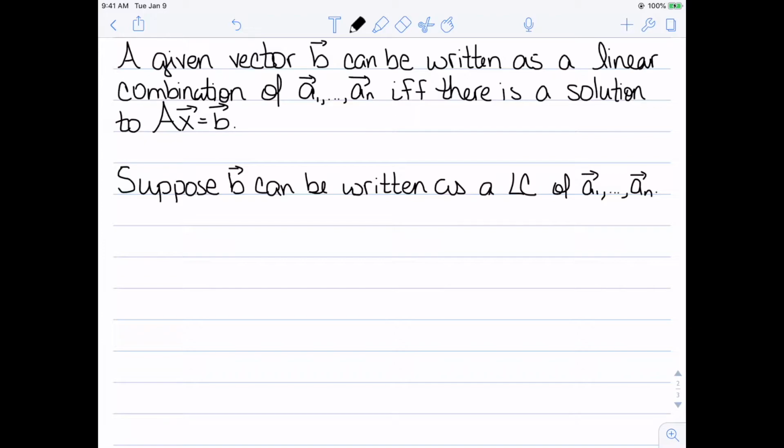Let's suppose our vector b can be written as a linear combination, which I'm going to denote LC, of the vectors a1 through an. Well, what this means, by definition of a linear combination, is that I can write this as x1 a1 plus x2 a2 all the way up to xn an equal to b, where the x's are our scalars. These are real numbers.